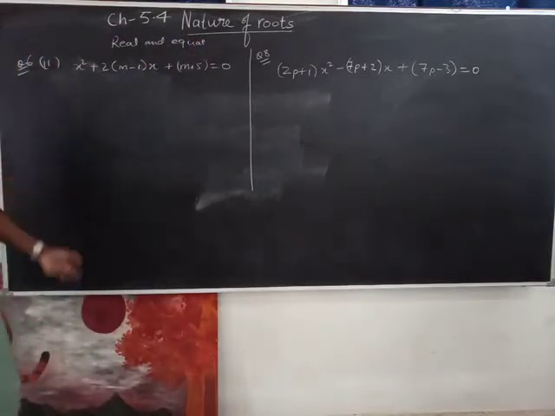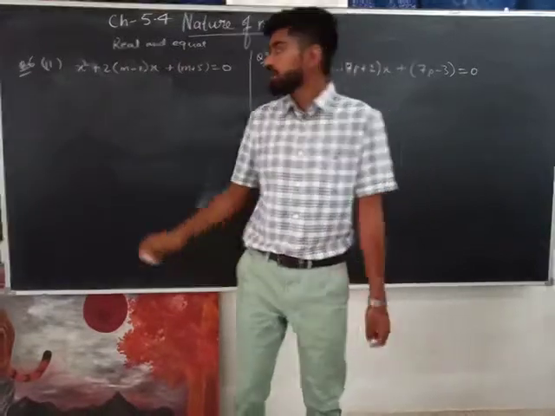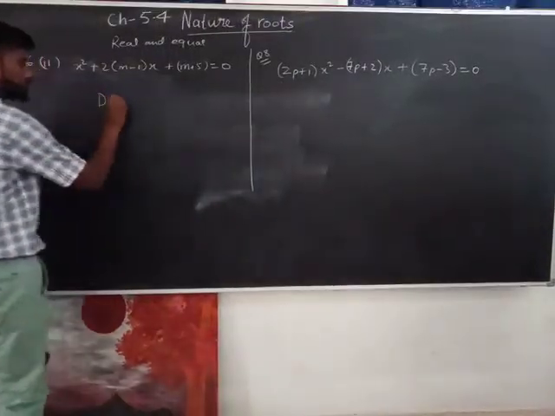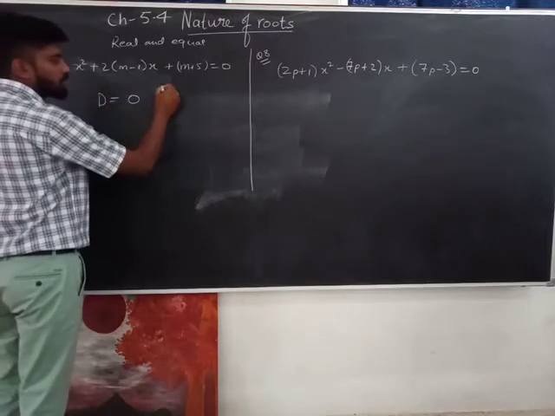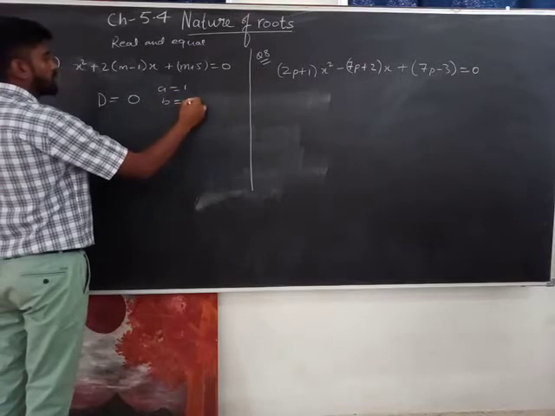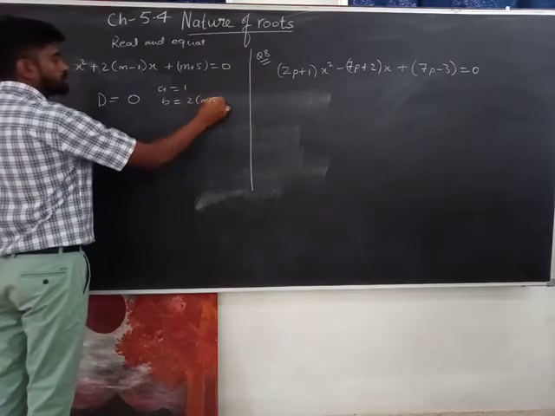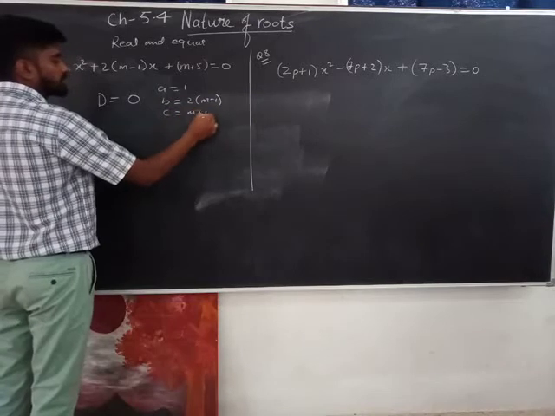You all know that when the nature of the root is given as real and equal, you usually put D equal to 0, right? But before that, let's figure out what a, b, and c are. A is equal to 1, b is equal to 2(m minus 1), and c is equal to m plus 5.